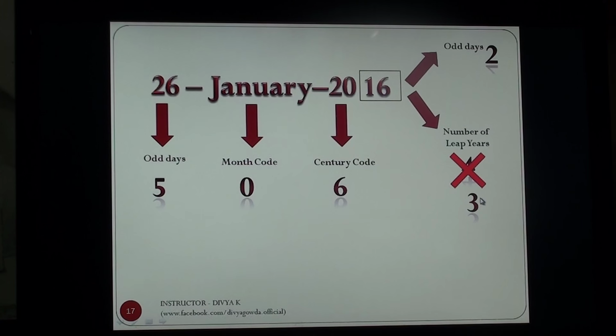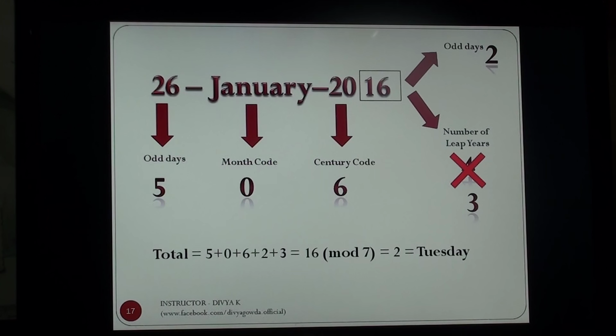I hope you have understood this point. Only for leap years you have to be very careful, because if it is before Feb 29, you have to take 1 leap year less. And if it is anywhere after Feb 29 or even on the day of Feb 29, still you can consider 4 as the answer. But now in this problem you have to consider only 3.